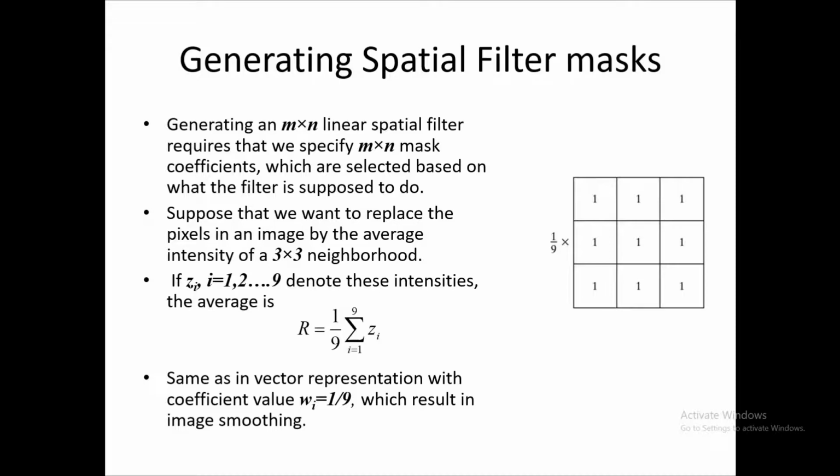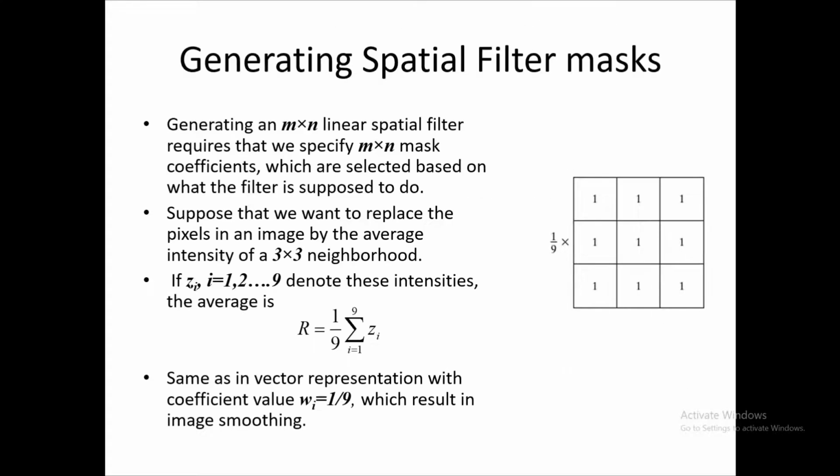Same as in the vector representation, we can specify the mask coefficient wi as 1 by 9, and then we can perform the filter operation, which is just the same as averaging the intensities. So here we define the mask coefficients with the ratio of 1 and 9, or the ratio of 1 and the filter size.